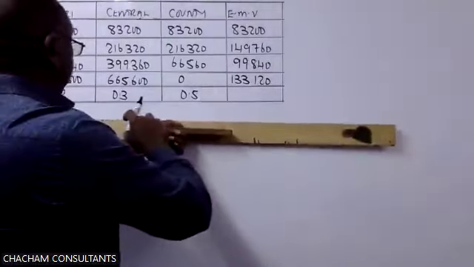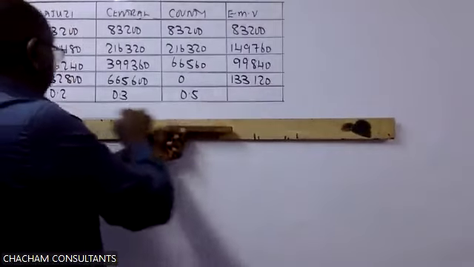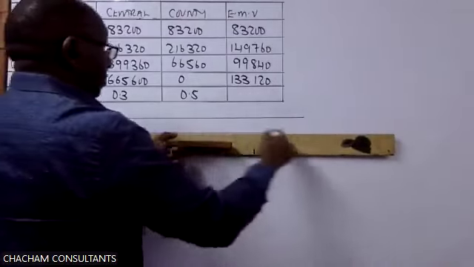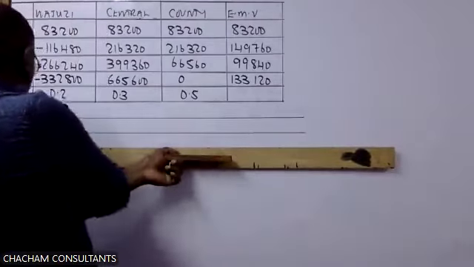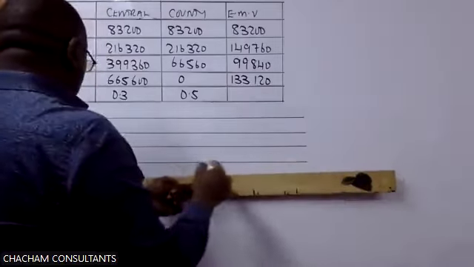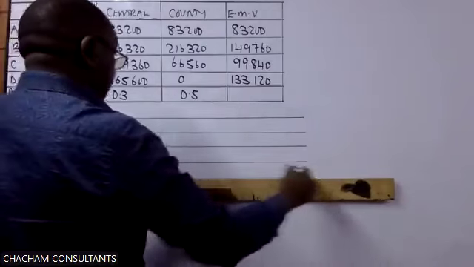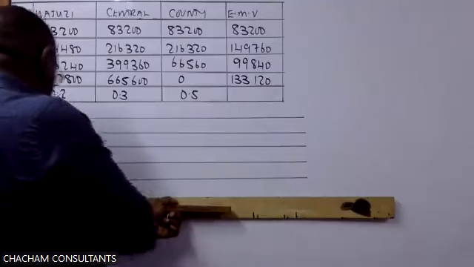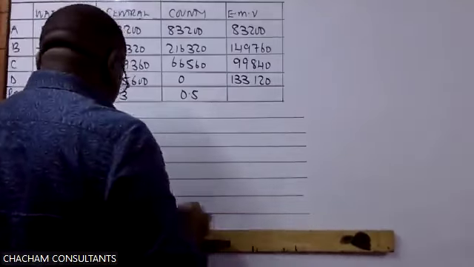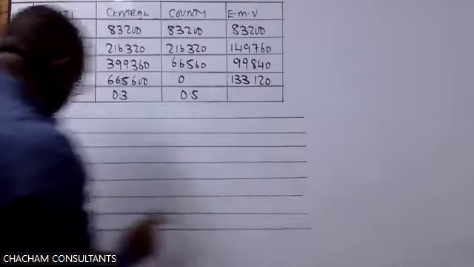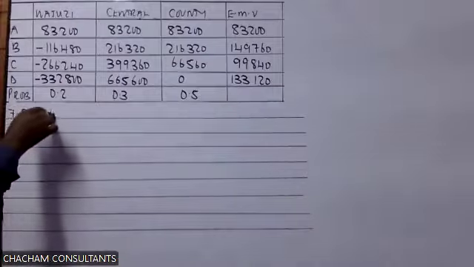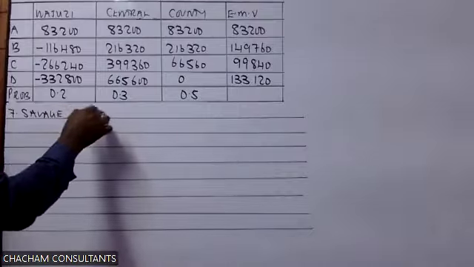So number 7 is called the Savage or regrets rule.